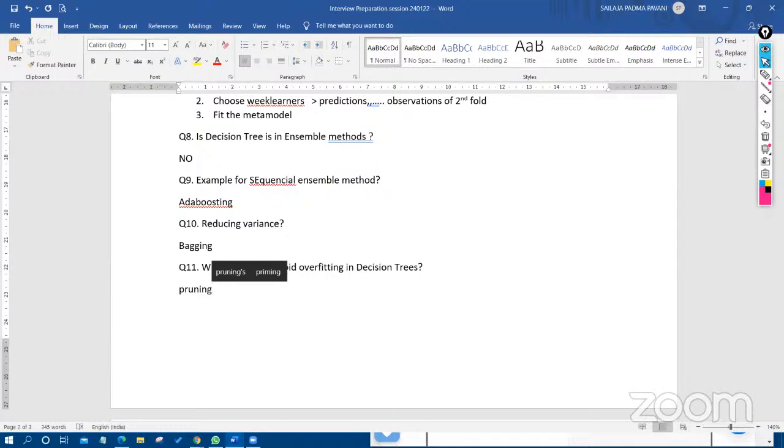What do you mean by pre-pruning? What is pre-pruning?